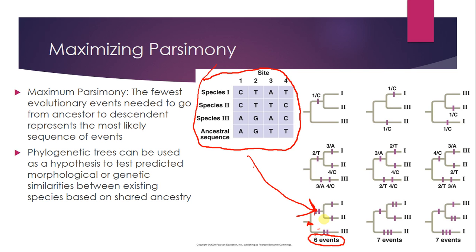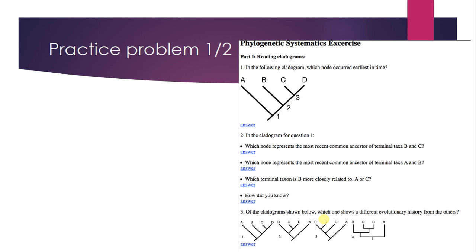There are two practice problems I want to walk you through that we'll do more of in class on Wednesday, but they help us make and interpret cladograms or phylogenetic trees.